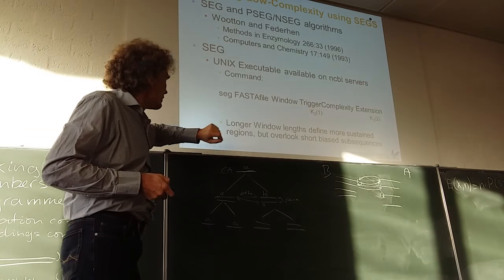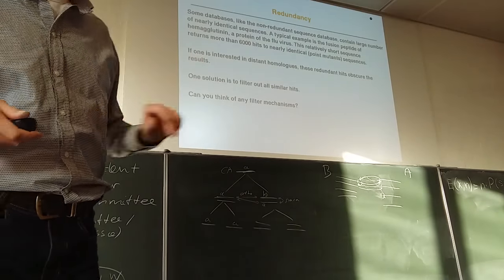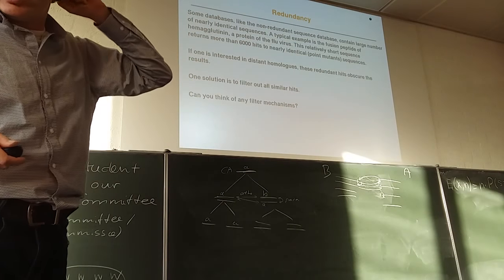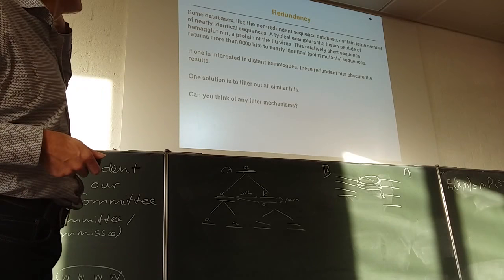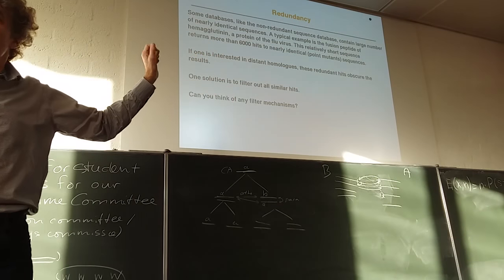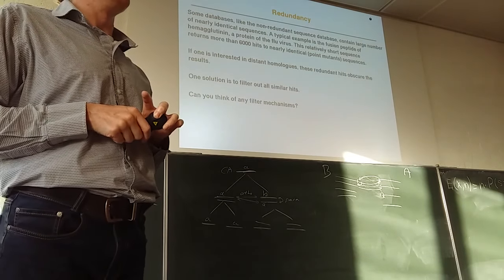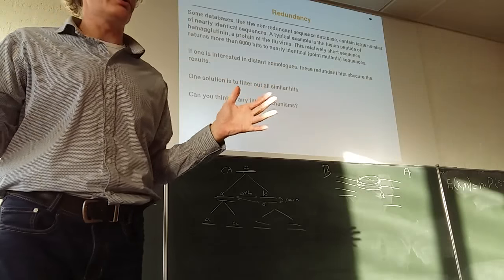Oh yes, it's mentioned. Okay, so redundancy is about the database. Typically people use what's called the non-redundant database, the NR, so that just ensures that there are no real duplicates in there.